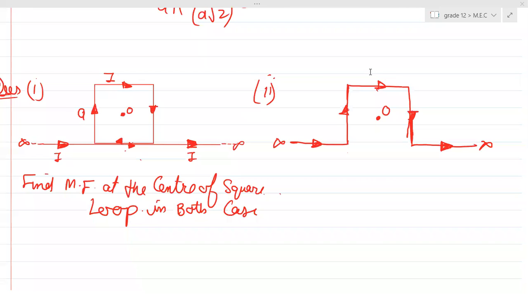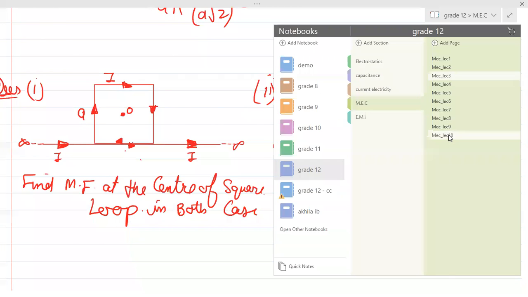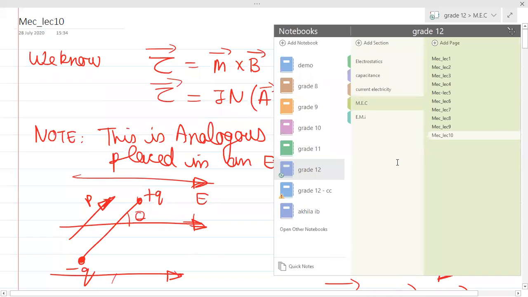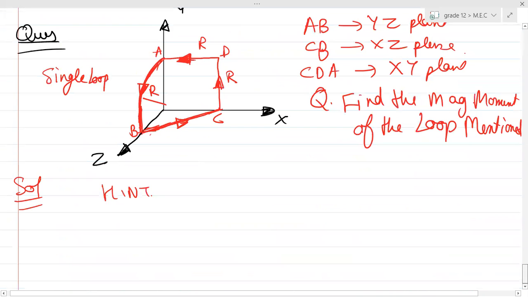Now the same hint can be applied in this. Can you see over here, guys?